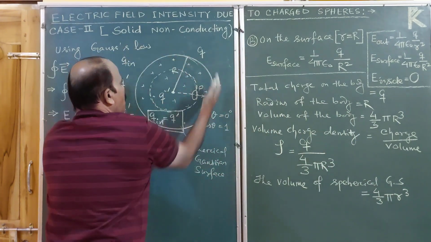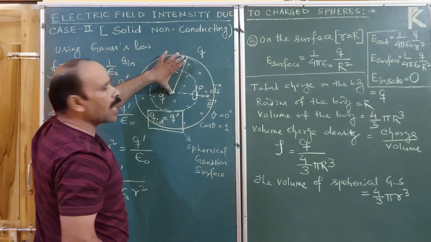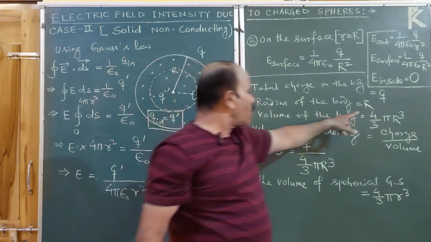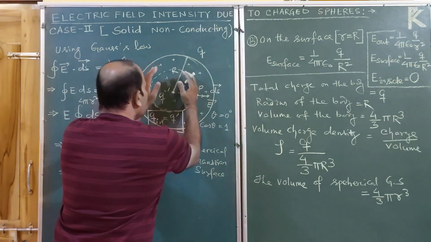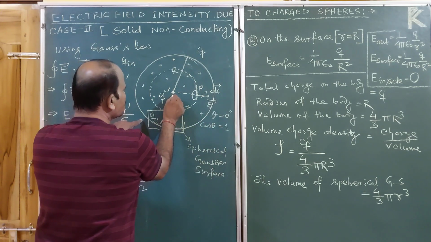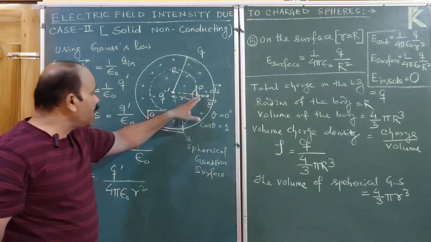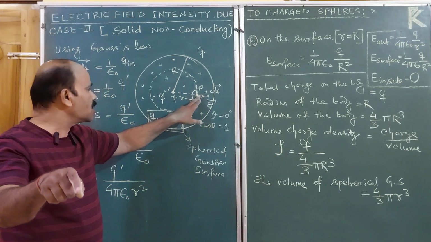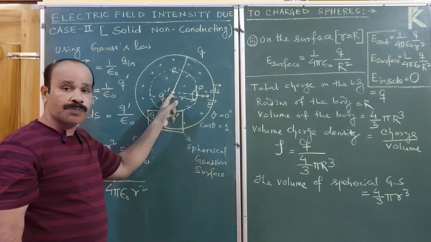ये पूरा बड़ा स्फीयर का रेडियस है कैपिटल आर. इसका वॉल्यूम है 4 by 3 pi r क्यूब. बट व्हाट इज द वॉल्यूम ऑफ द स्फेरिकल गॉसियन सरफेस? इट इज 4 by 3 pi स्मॉल r क्यूब. दिस इज स्मॉल r. The point P is inside the surface, which is at a distance of small r from the center of the sphere.